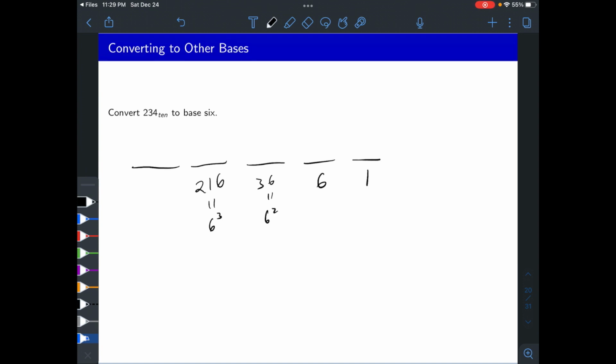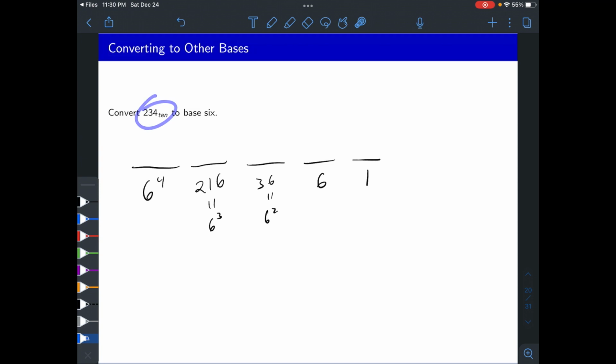Then our next place value would be whatever 6 to the 4th is, and so on. And so if we wanted to take 234 and convert this into a number where we have some number of groups of 216, some number of groups of 36, some number of groups of 6, some number of groups of 1, what could we do?